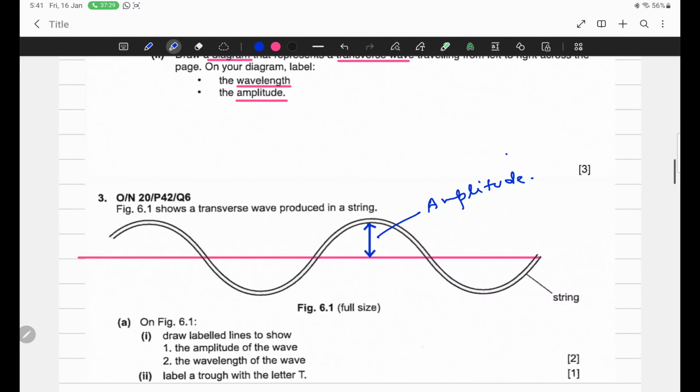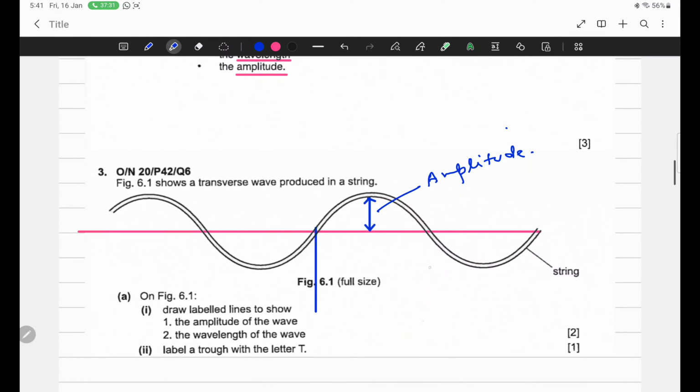The length of one cycle is called one wavelength, denoted by this symbol, read as lambda. The vertical distance is amplitude, and the horizontal length is one wavelength.